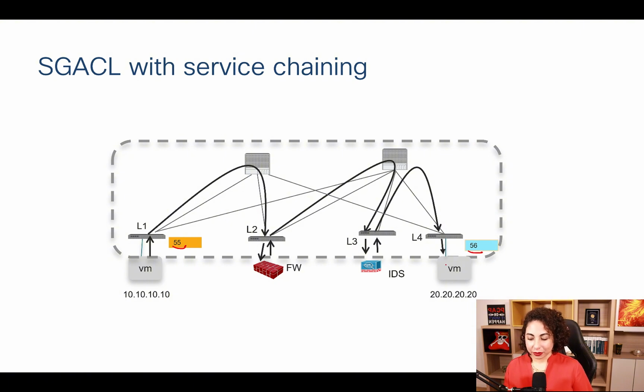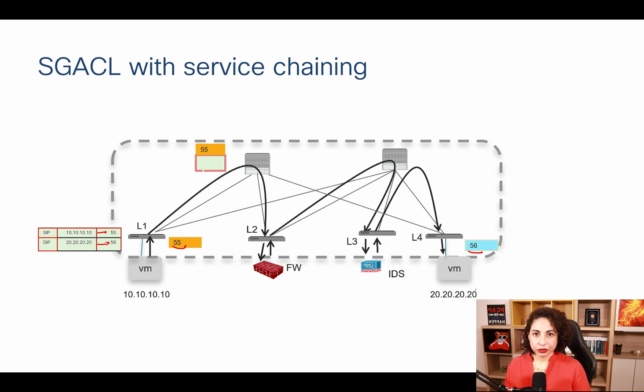We spent a lot of time explaining that when this is done, leaf 1 will send the update saying that 10.10.10.10 is mapped to 55, and leaf 4 will do the same for the mapping of 20.20.20.20 to 56. So now we know that the source is mapped to 55 and the destination is mapped to 56.